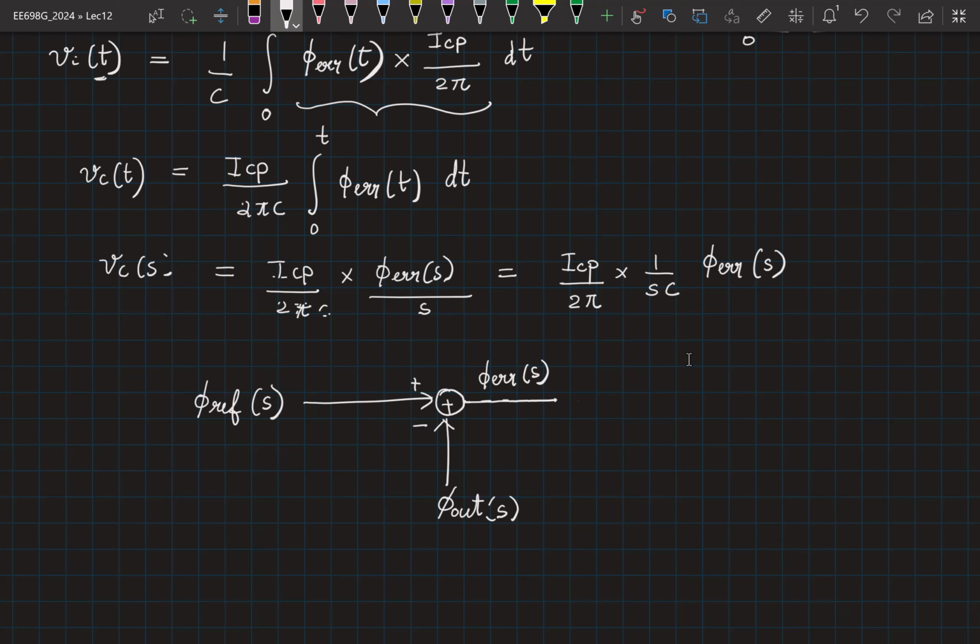And then this goes through ICP by 2 pi into 1 by sC. This gives you the small signal voltage Vc of s. Okay? So you have the model of the PFD, charge pump, capacitor and the VCDL. Please build the model for the DLL.